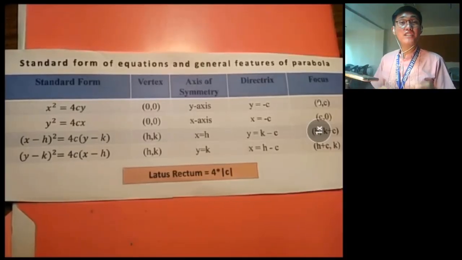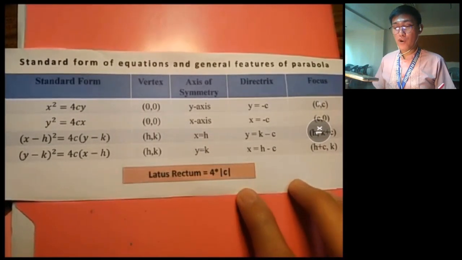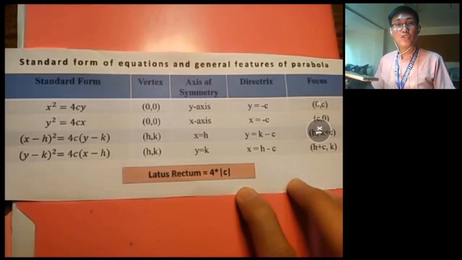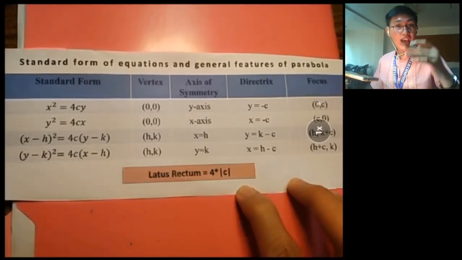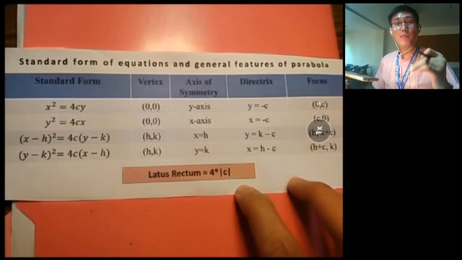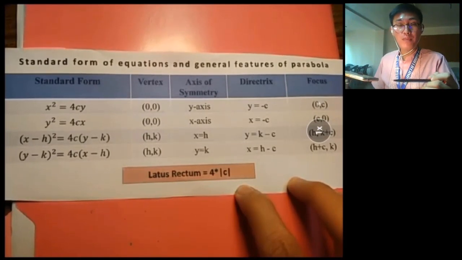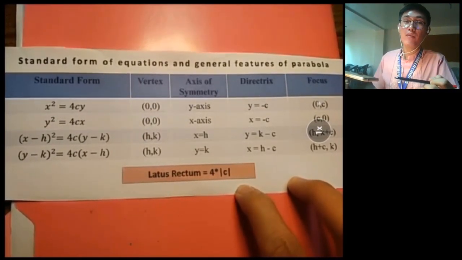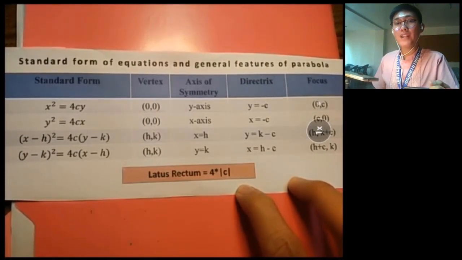Alright, to continue this, let us review again the standard form of equations and general features of the parabola. We have the formula x squared is equal to 4cy, where the parabola should open upward or downward, and y squared is equal to 4cx if the parabola opens to the left and to the right. And also we have x minus h squared is equal to 4c times the quantity y minus k, if the parabola opens upward and downward, but the vertex is at h, k.